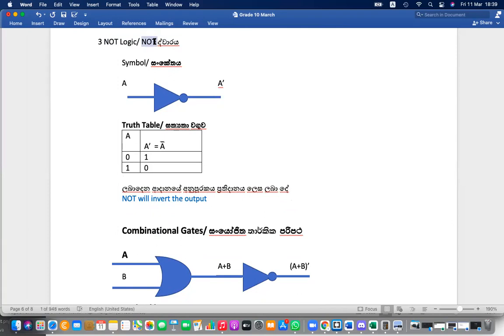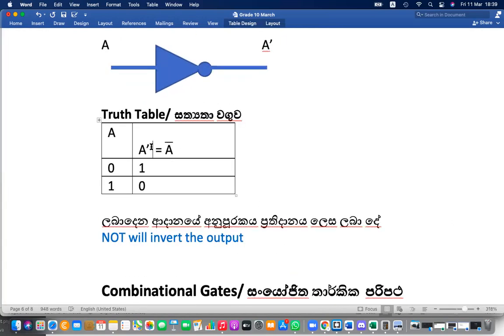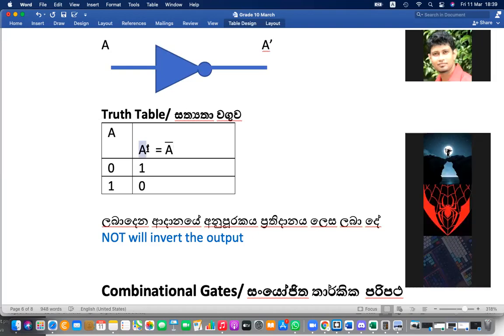Okay, the NOT gate. The symbol is this. It's a triangle and a small circle there. And you can represent it in Boolean algebra notation as A bar or A not. A hyphen is also okay. A bar is also okay. Both symbols are accepted. In mathematics, you are using the complement sign, right?